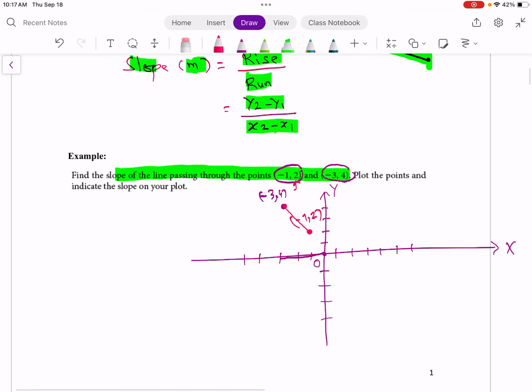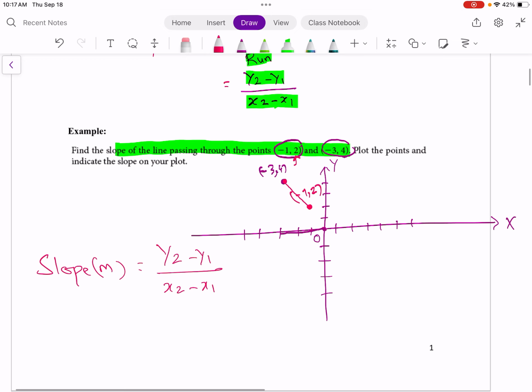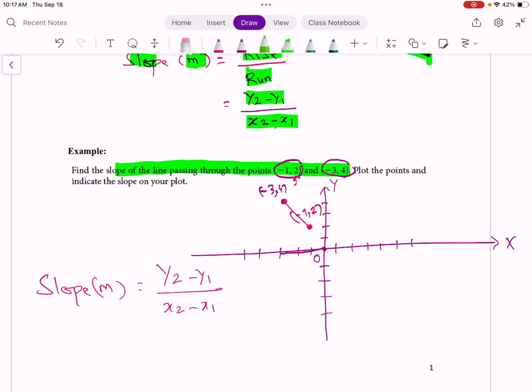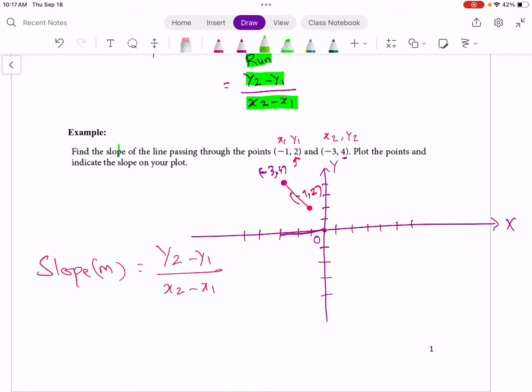So let's go ahead and find the slope of this line. The slope m is y2 minus y1 divided by x2 minus x1. Let's call one of these points x1, y1 and the other x2, y2. So here x1 is -1, y1 is 2, x2 is -3, y2 is 4.